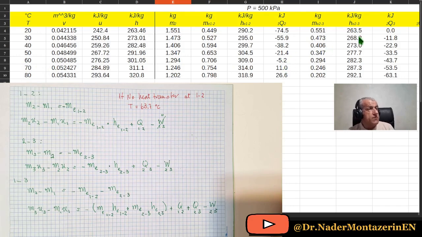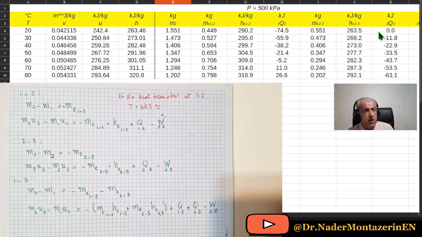There's also the case that there could be no heat transfer between 2 and 3. I mean, all heat transfer happens if the temperature is reduced to 20 degrees, which is the final temperature at point 2. Therefore, all heat transfer has happened during 1-2, and therefore there is no heat transfer between 2 and 3.